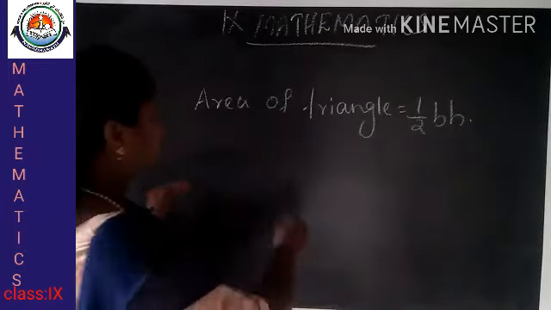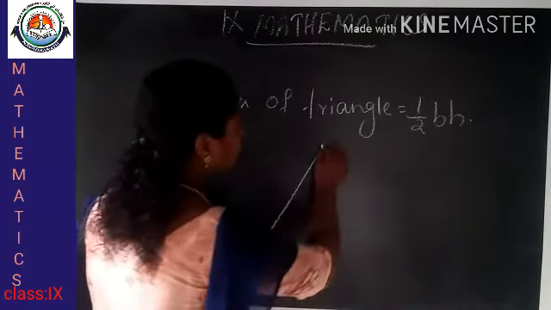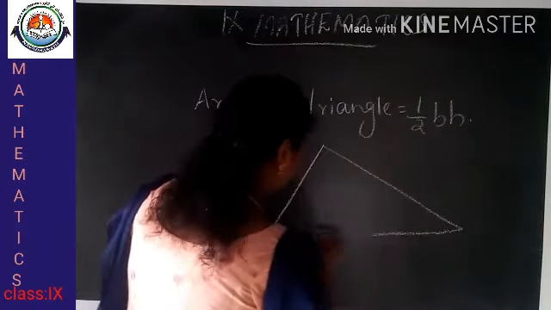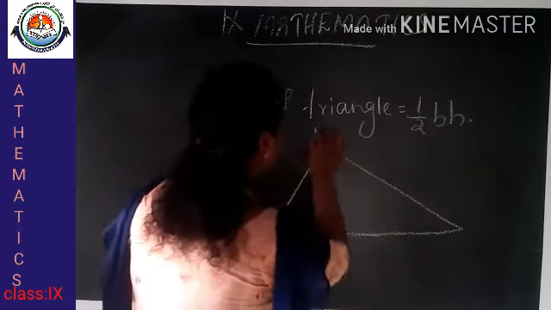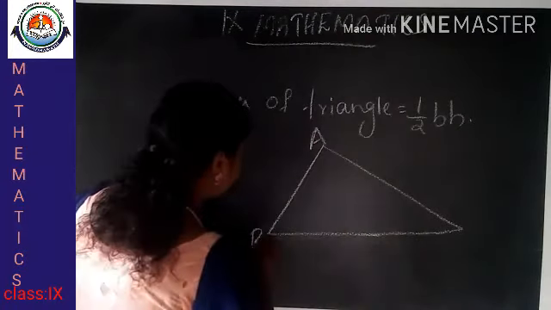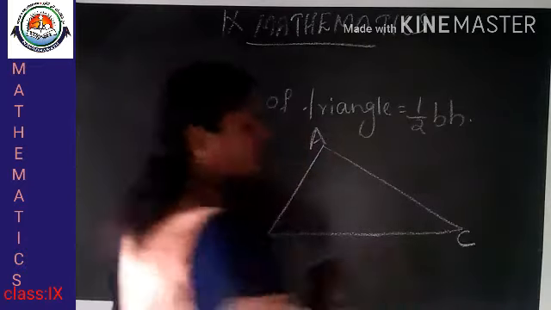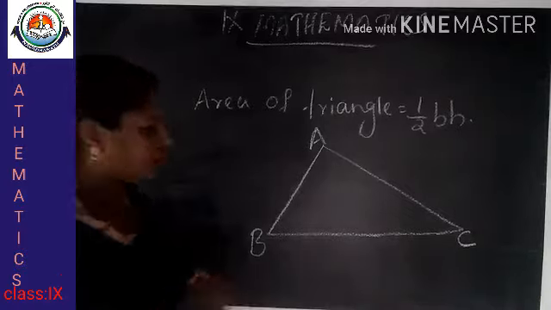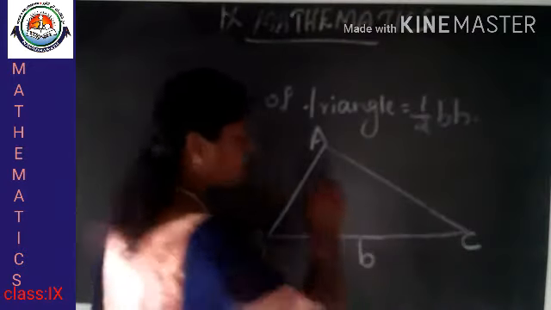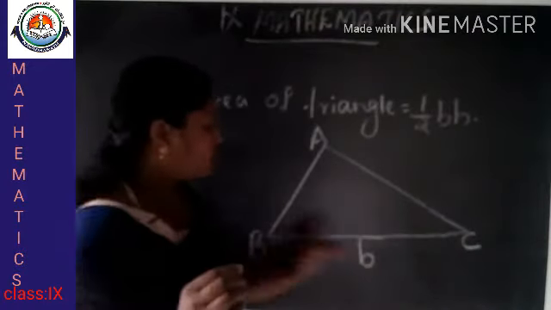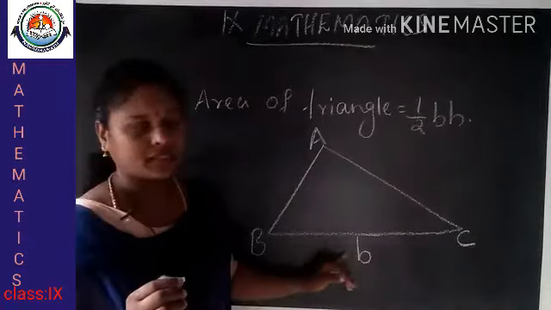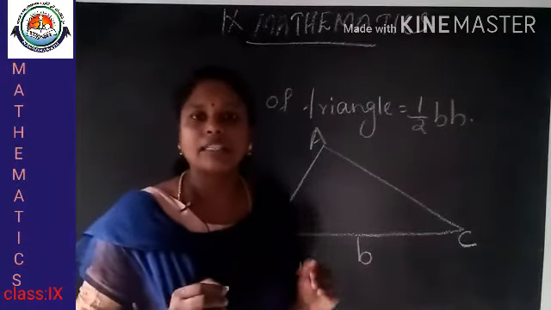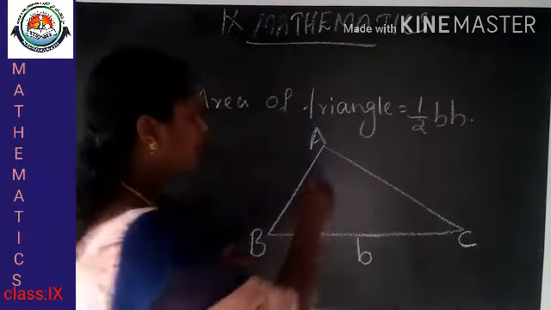We can take any triangle. Here we have triangle ABC. If I am taking BC as the base, we need to take the corresponding height.